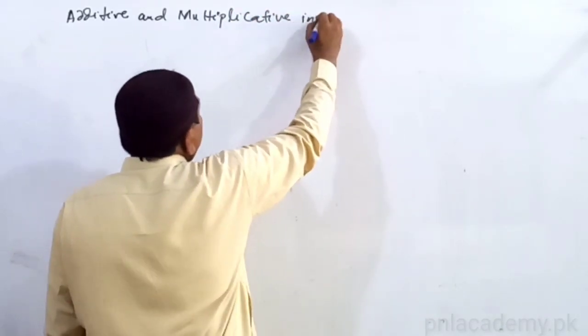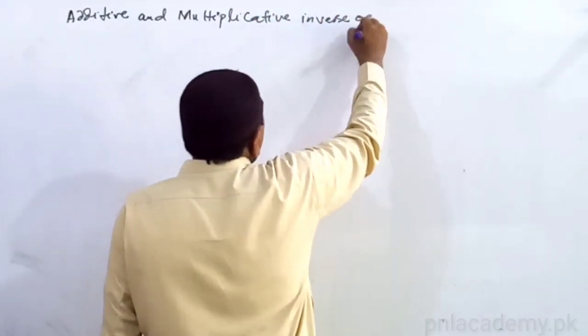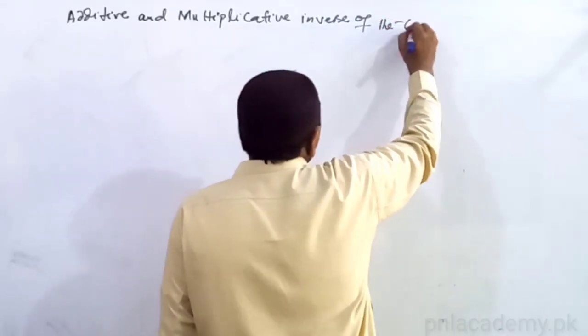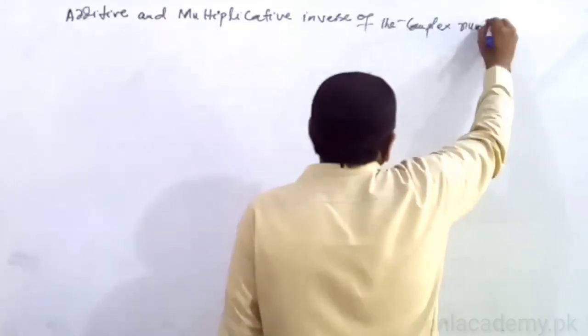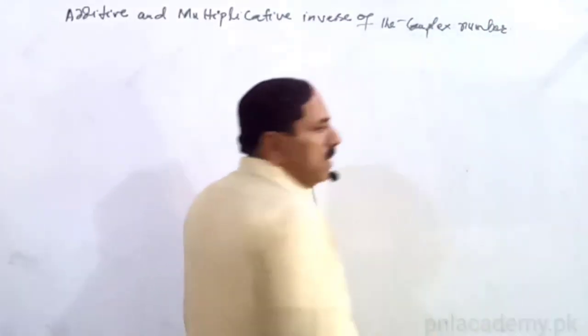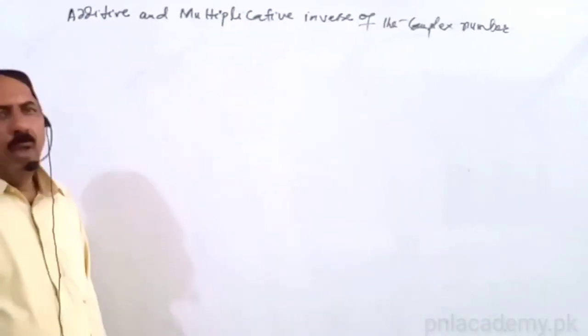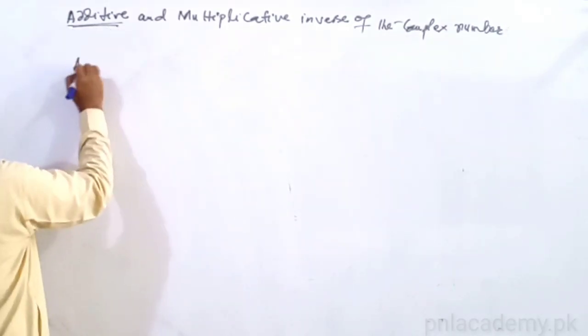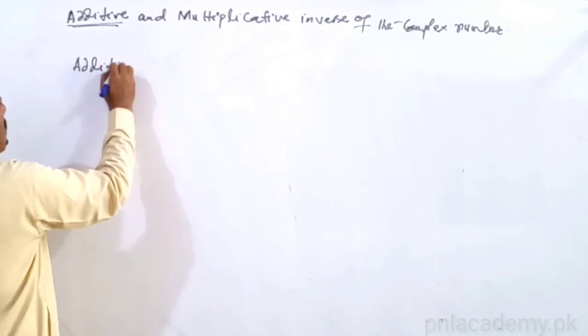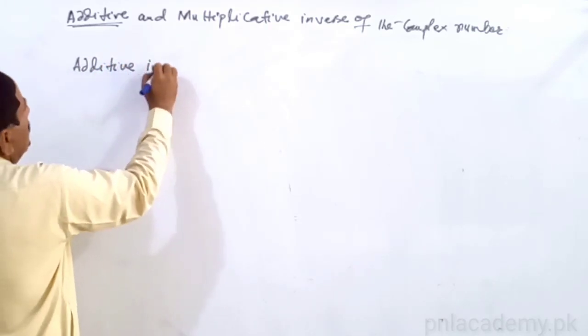Multiplicative inverse of the complex number. Additive inverse first of all.